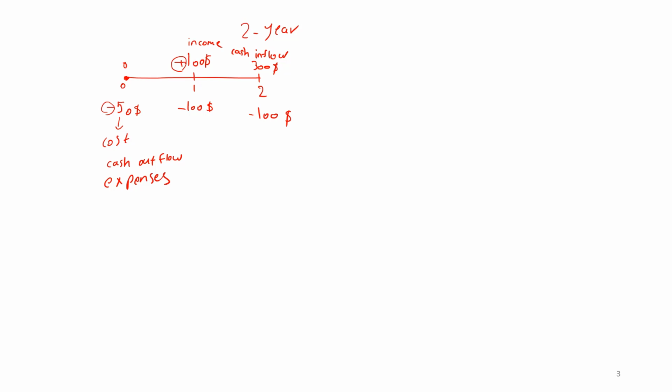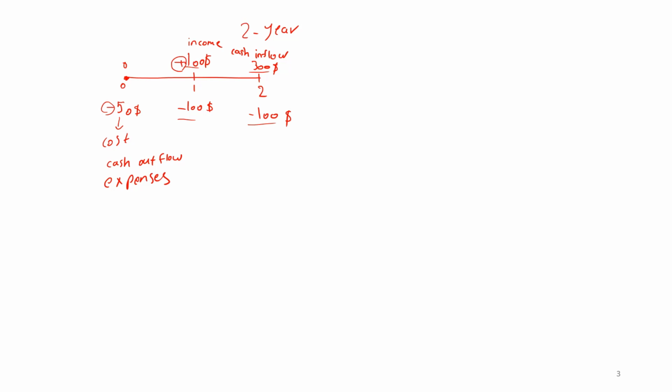So imagine we have a 2-year project, and today we spend $50, and after 1 year we spend $100, and our income from this project was $100. And also after 2 years we need to spend another $100, but the cash inflow or benefit or income for this project is $300 in the second year.